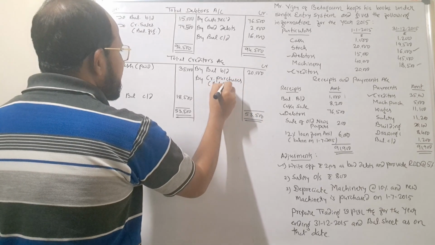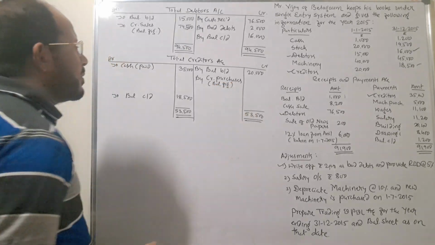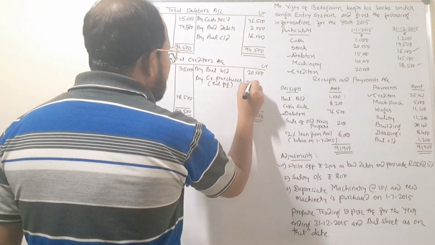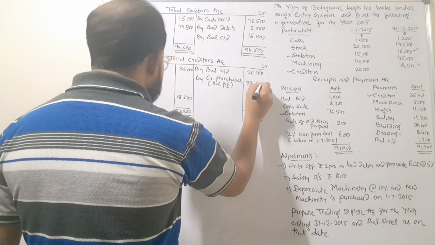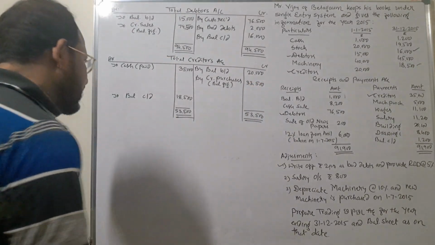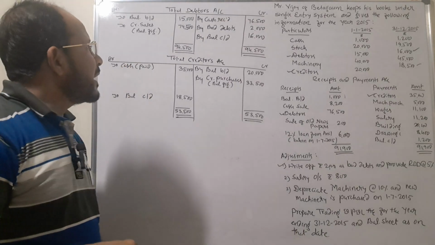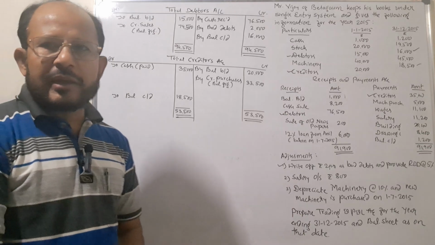Credit purchases ಅನ್ನ ಈ ಪ್ರಾಬ್ಲಮ್ ನಲ್ಲಿ ಕೊಟ್ಟಿಲ್ಲ, ಅದನ್ನ ನಾವು ಇಲ್ಲಿ ಕಂಡುಹಿಡಿತಾ ಇದ್ದೀವಿ. What is the amount of credit purchases? Rupees 33,500. This is the way how we have to prepare total debtors account and total creditors account.